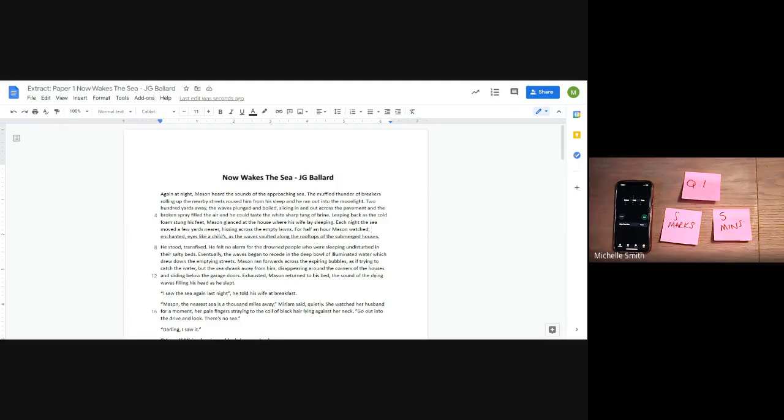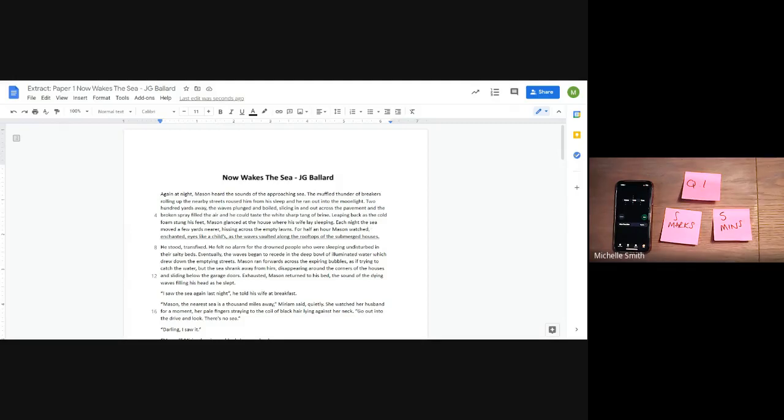Leaping back as the cold foam stung his feet, Mason glanced at the house where his wife lay sleeping. Each night, the sea moved a few yards nearer, hissing across the empty lawns. For half an hour, Mason watched, enchanted, eyes like a child's, as the waves vaulted along the rooftops of the submerged houses.